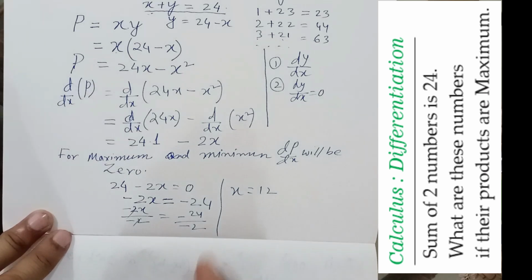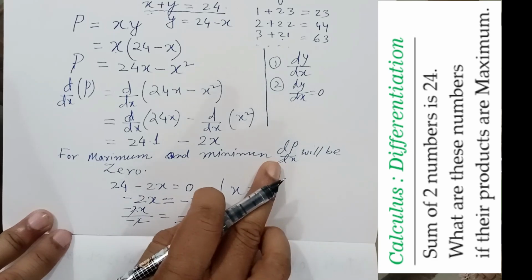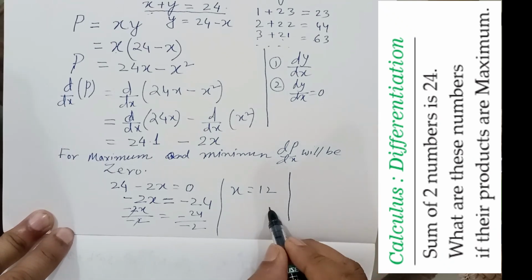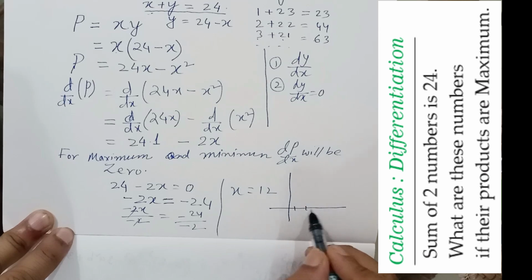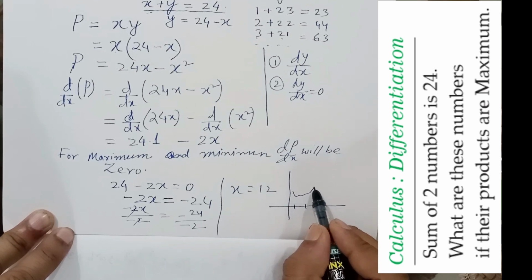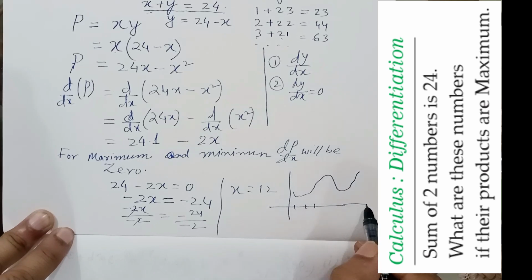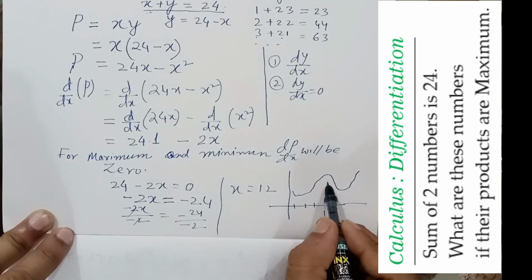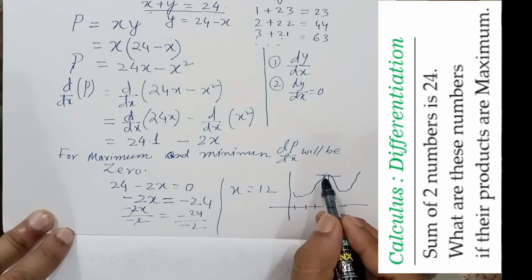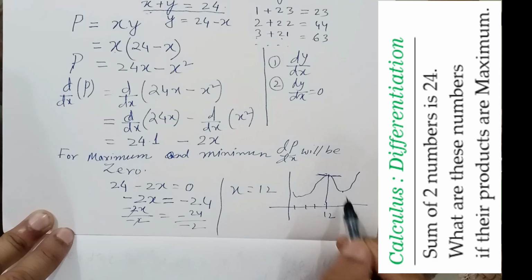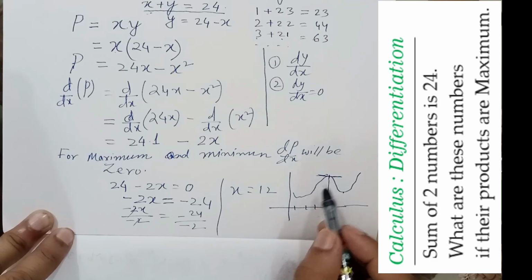So dP by dx only ensures that at x equal to 12 the curve has a turning point. This could be a maximum or a minimum, so it doesn't guarantee.